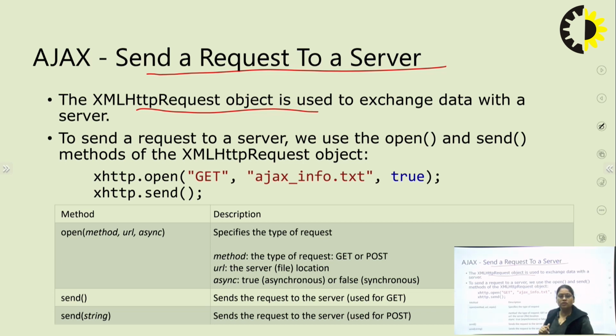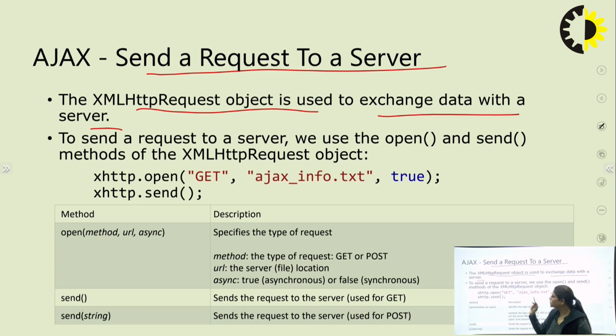Instead of using the HTTP request, we create this XML HTTP request object, and that is used to exchange data with the server. Means we are using XML HTTP request or response to share the data with the server.